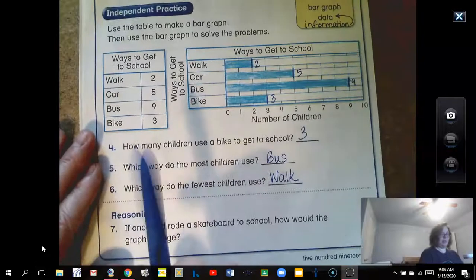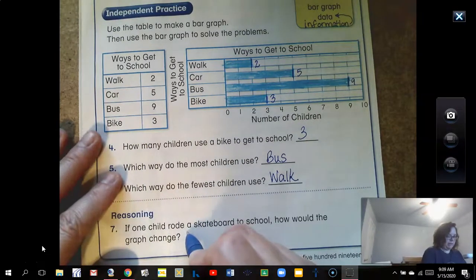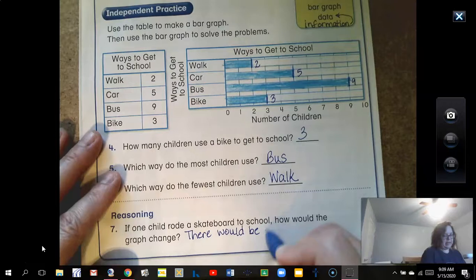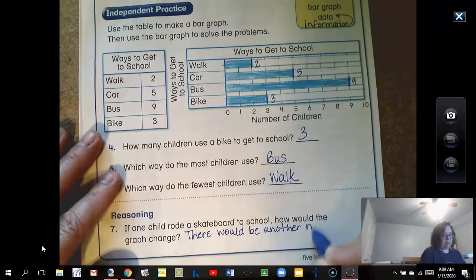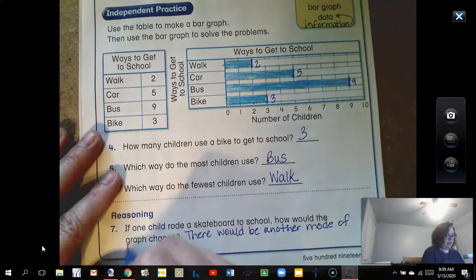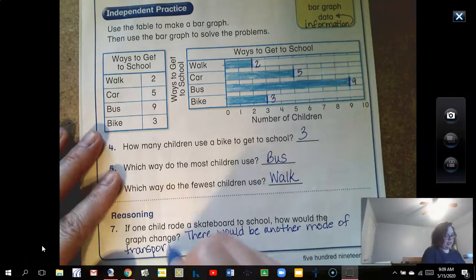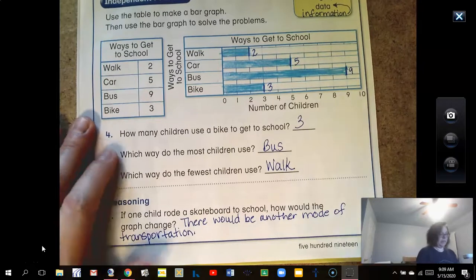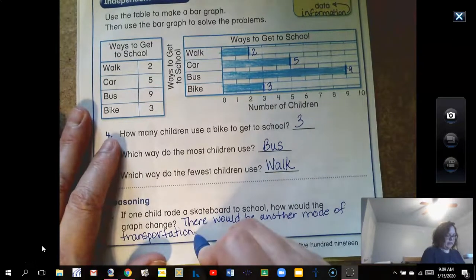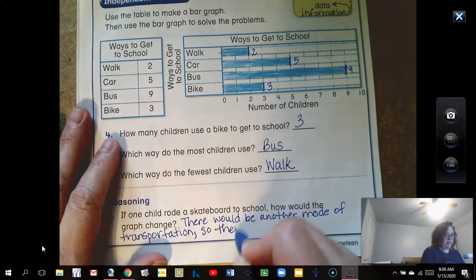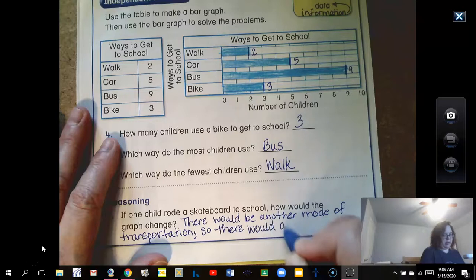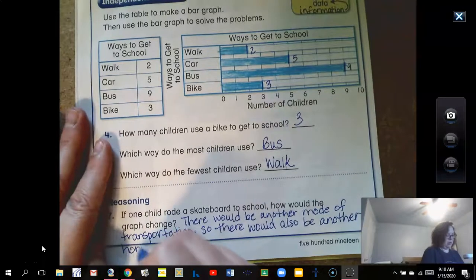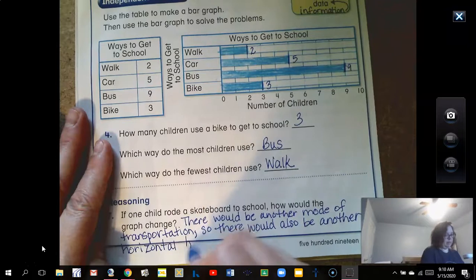If one child rode a skateboard to school, how would the graph change? Well, if someone rode a skateboard, there would be another mode of transportation, so there would also be another horizontal bar.